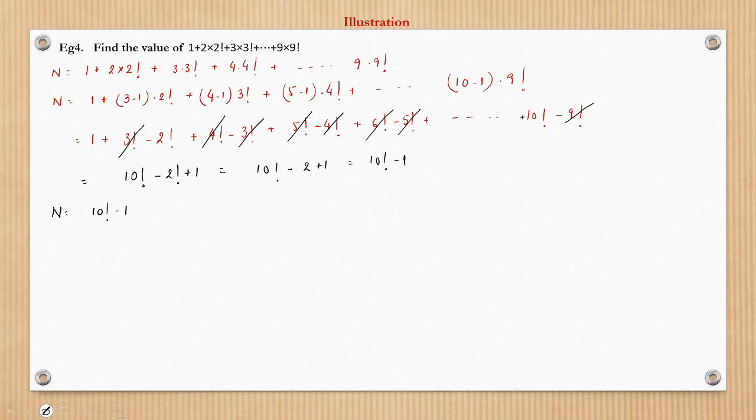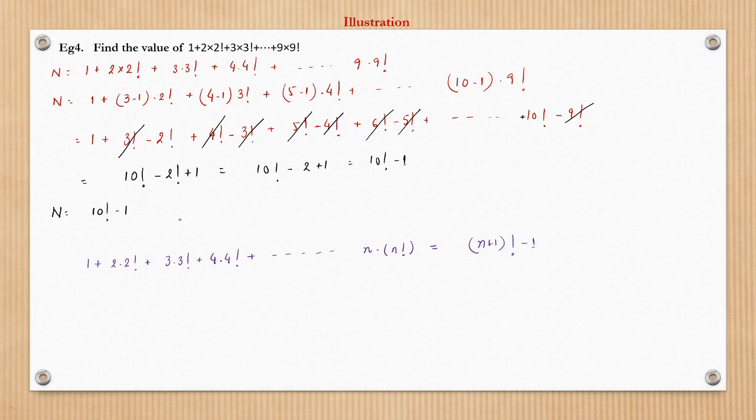Now I can generalize this in a way that 1 plus 2 into 2 factorial plus 3 into 3 factorial plus 4 into 4 factorial, so on till n into n factorial is nothing but n plus 1 factorial minus 1.